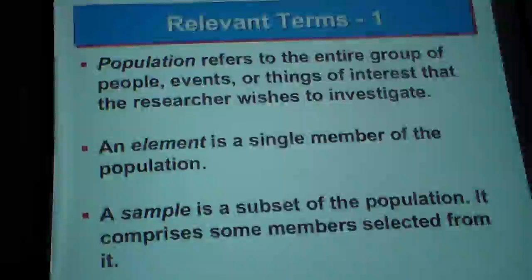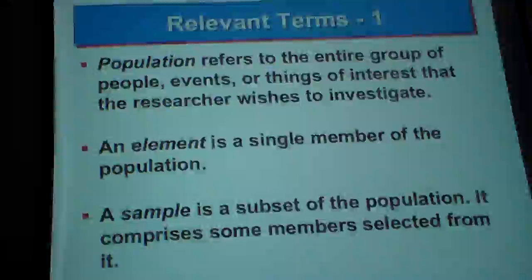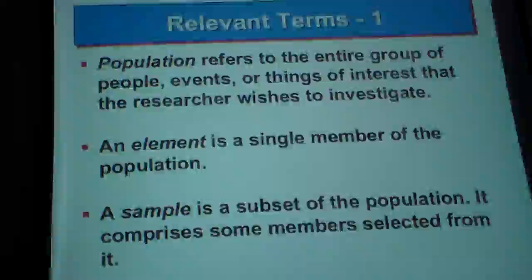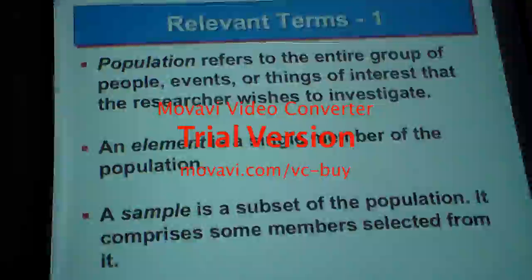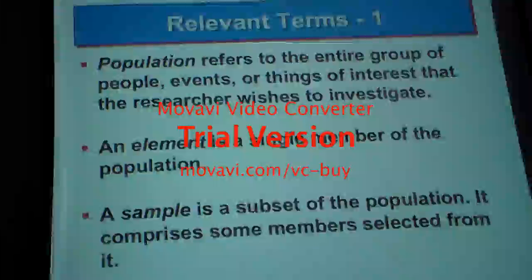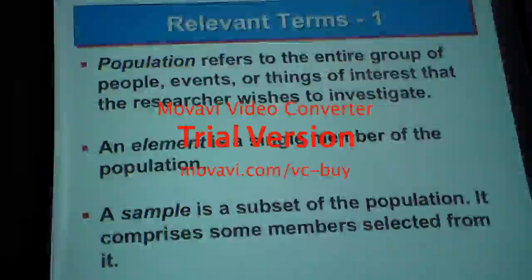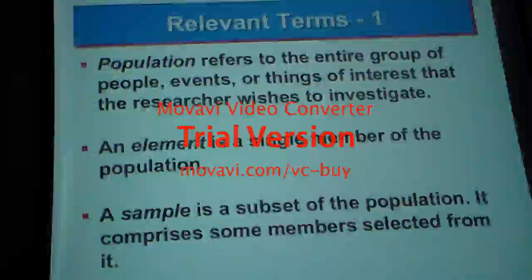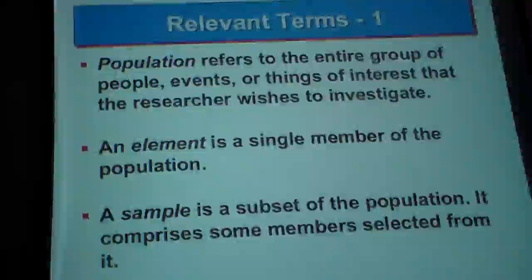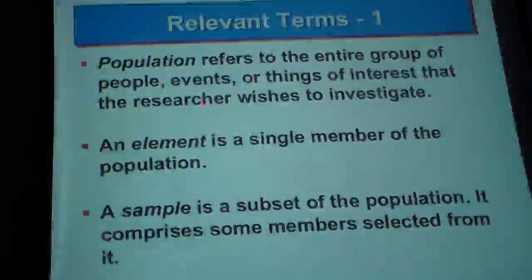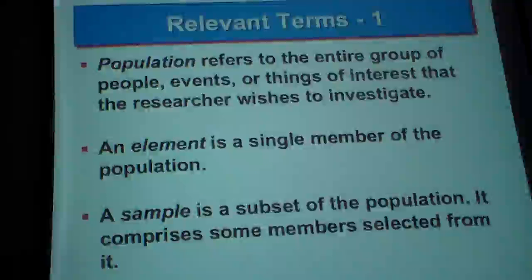When we investigate any topic, we are going to study the population of this topic. It depends on our topic. Every one of you maybe has his own respondents or population that should be investigated. So this is what we mean by population.